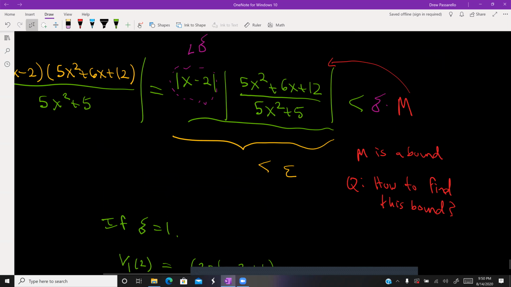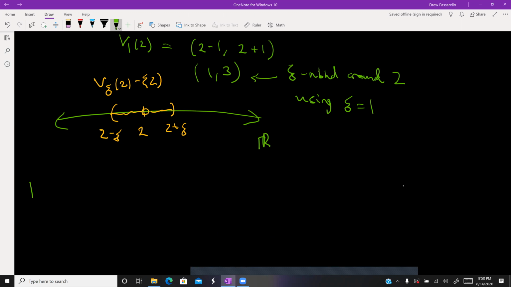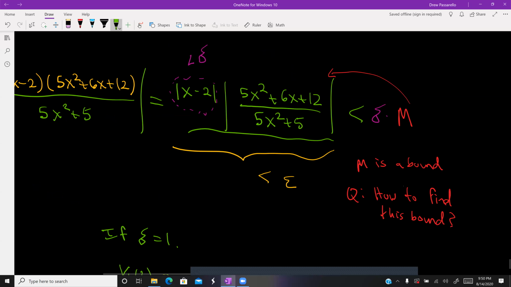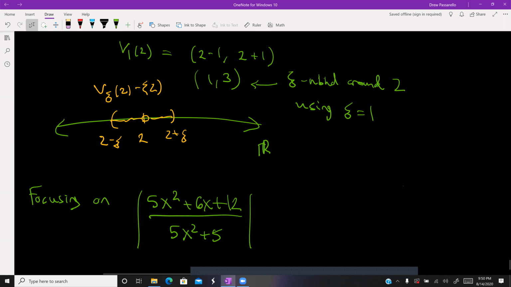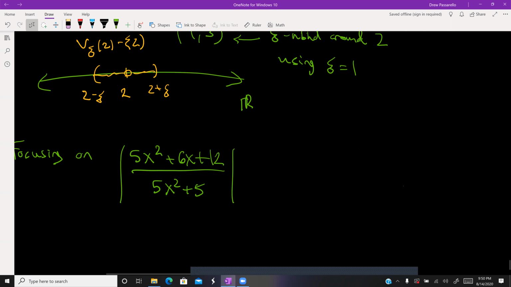So now focusing on what we needed to find a bound for, which was the 5x squared plus 6x plus 12 over 5x squared plus 5. That's what we're going to try to find a bound for, and we're going to make use of when delta is 1.